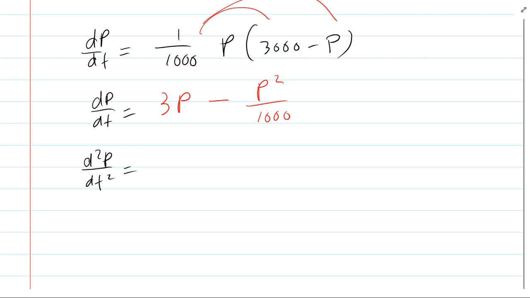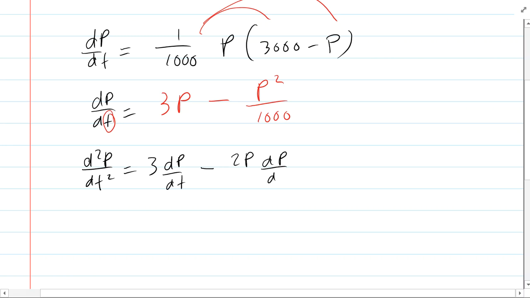Did y'all notice that? So it's 3 dp/dt, yes? Minus 2p dp/dt, and this is all over 1,000, yes?